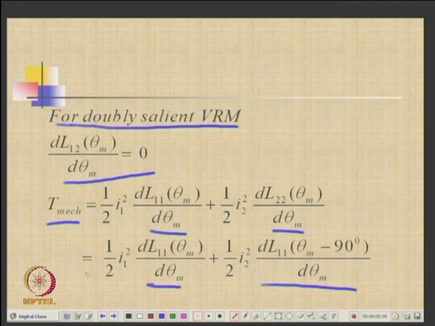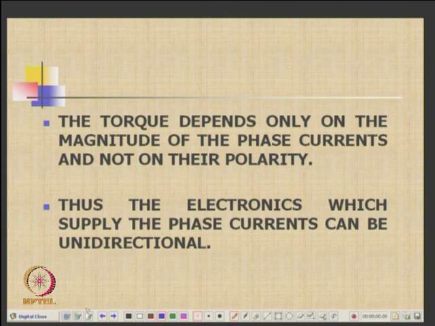So, that is the same as this. This is the torque developed in a doubly salient machine. Therefore, the torque depends only on the magnitude of the phase current and not on its direction. We now have an expression for torque for a doubly salient machine, which is basically the sum of I1 square and I2 square terms.